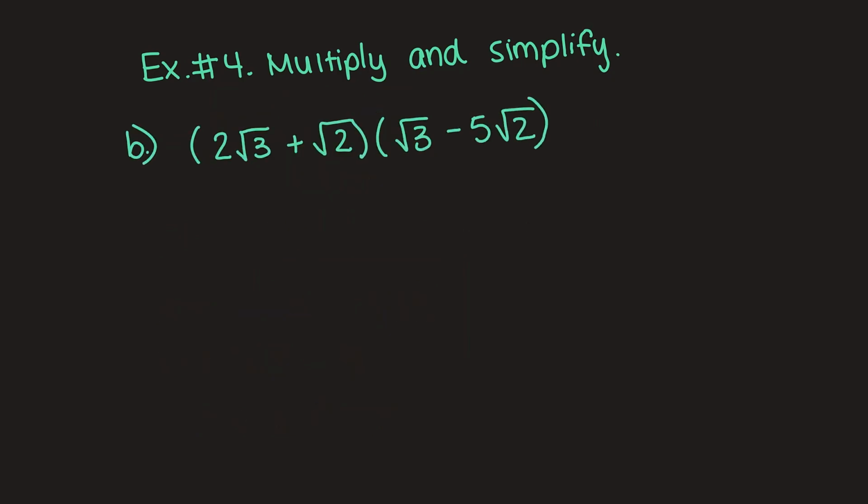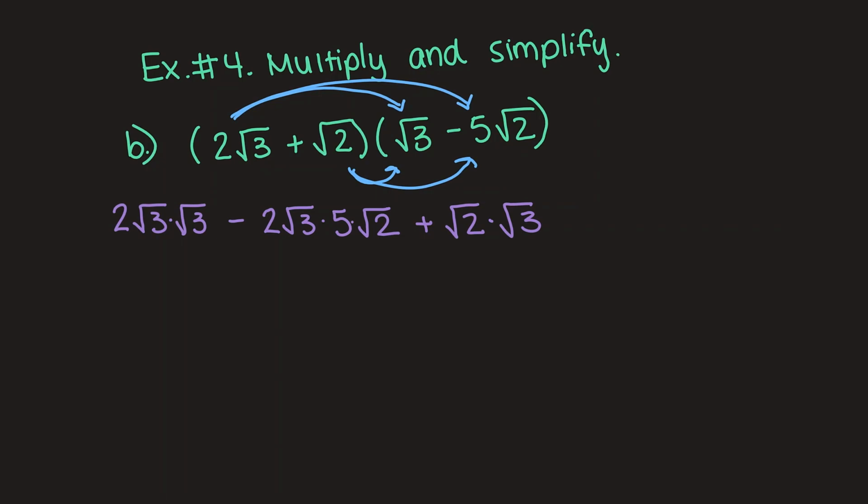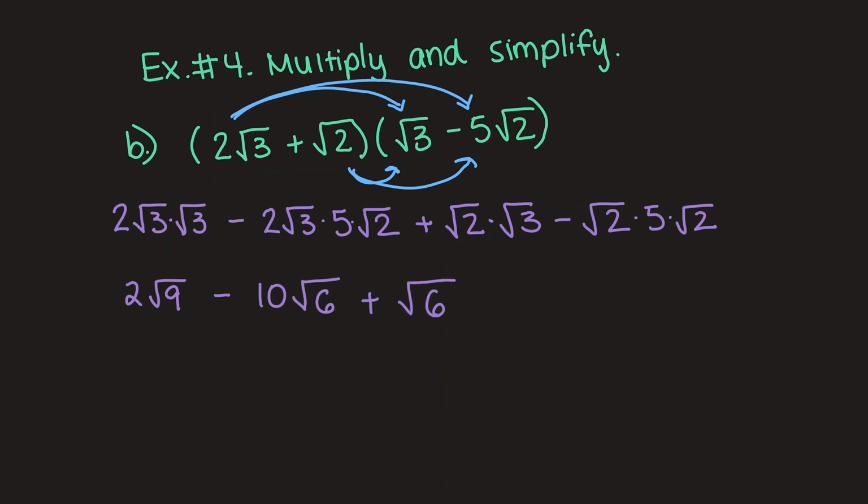For the next example, again to multiply this, we would have to distribute every term in the first binomial to every term in the second binomial. And now let's simplify. So we get 2 square root 9 minus 2 times 5, which is 10, square root 3 times square root 2, which is square root 6, plus square root 6, minus 5, and square root 2 times square root 2 is square root 4.